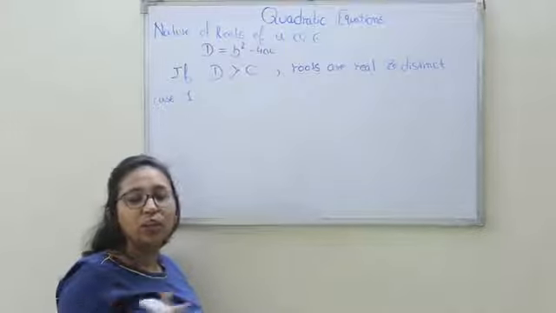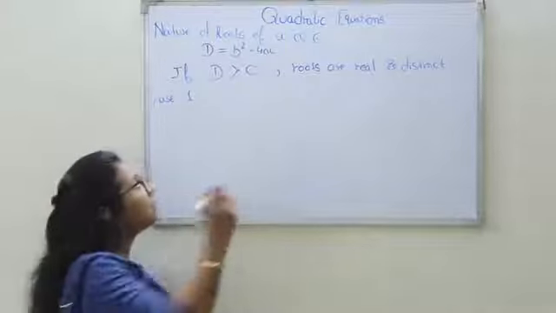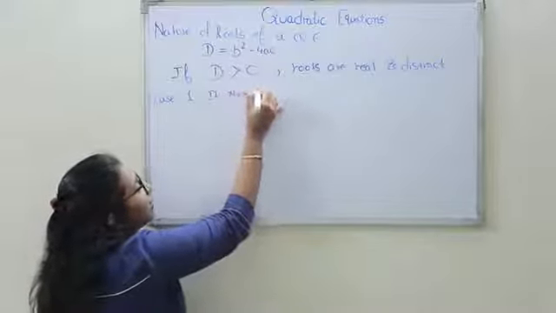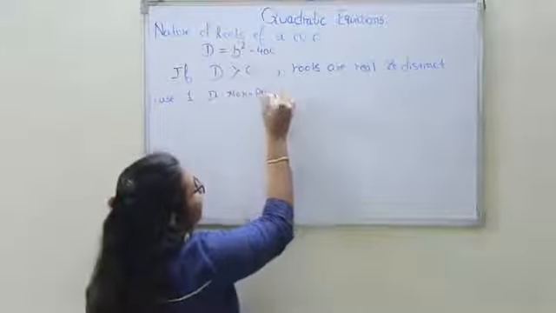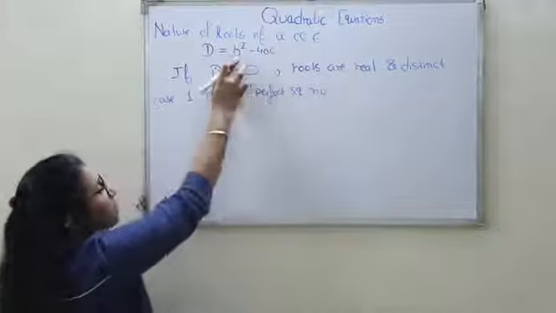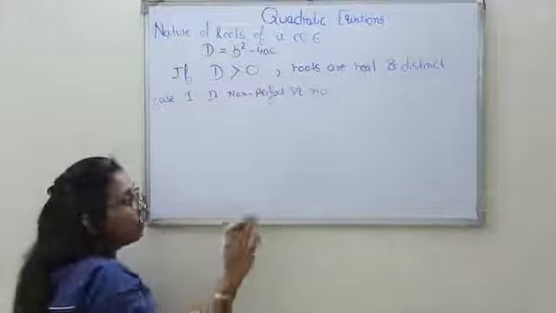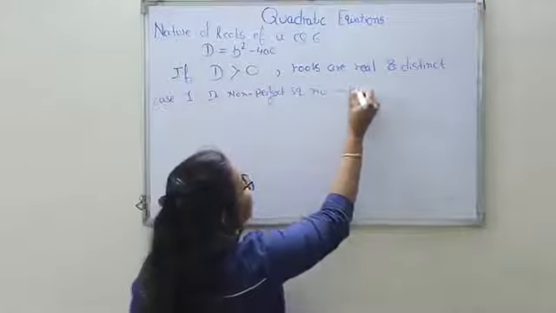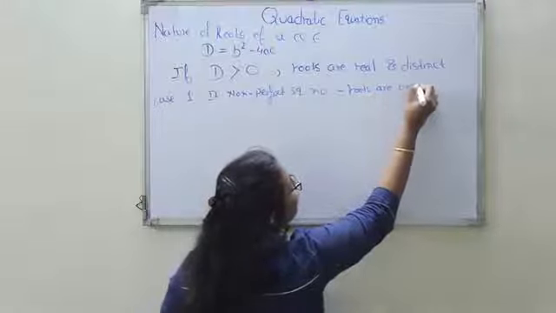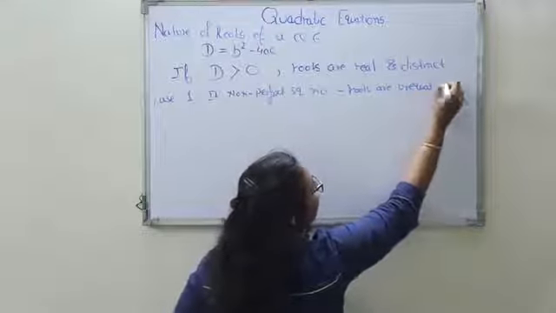You know very well which are the perfect squares. So if that D, the b square minus 4ac, is not a perfect square number, then the roots are unequal and irrational.